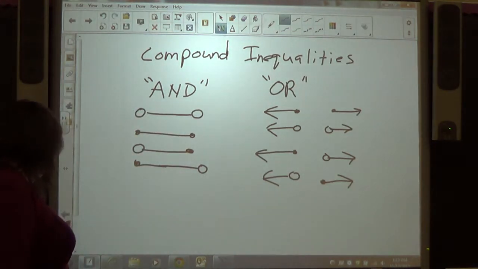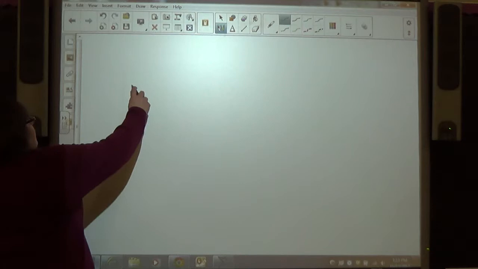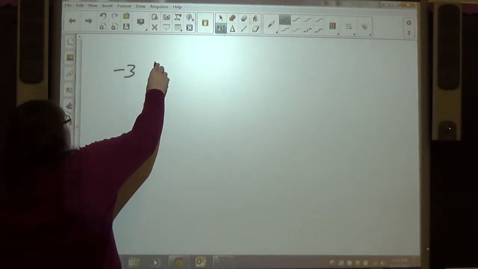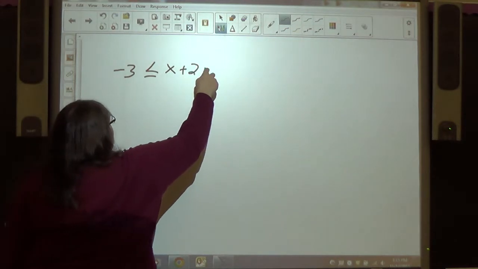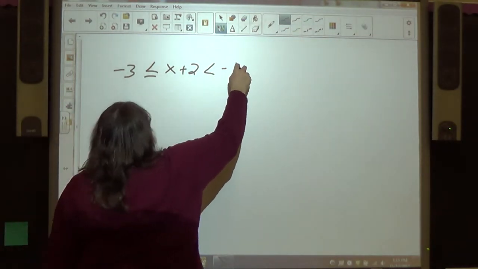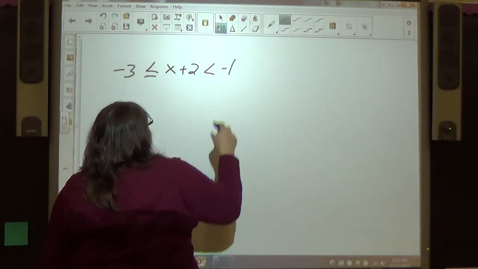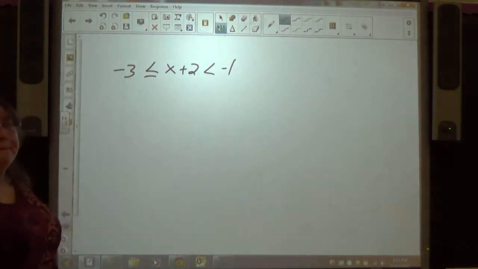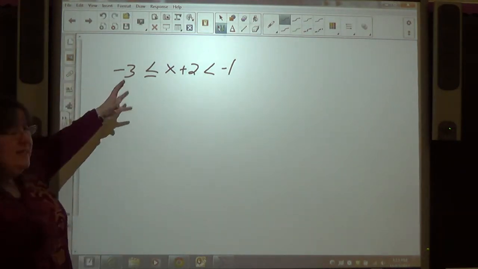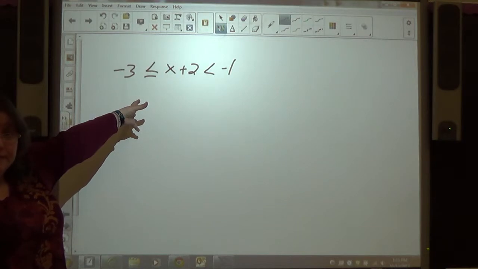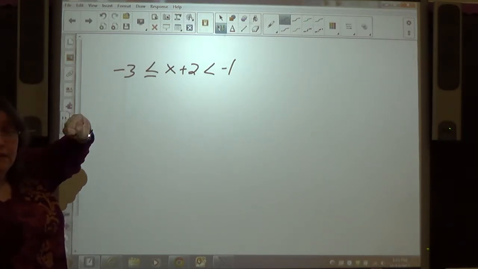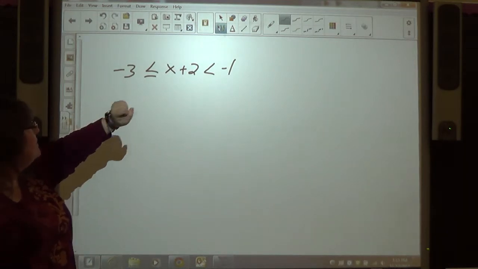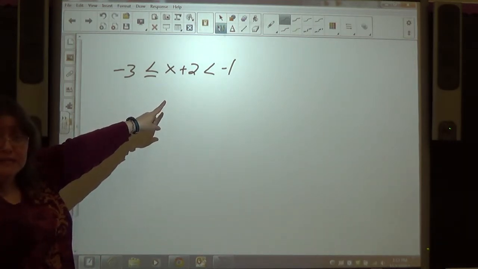Okay? Now, if I have -3 is less than or equal to x plus 2, which is less than negative 1, I need to solve this inequality. So when I do this inequality, I have to subtract that 2 to get x by itself.